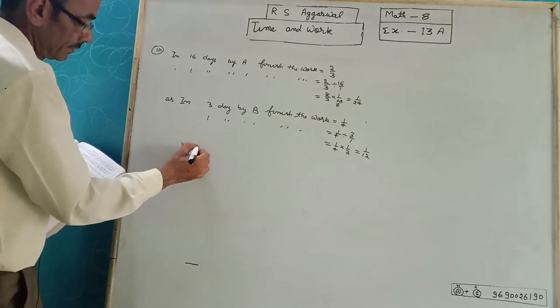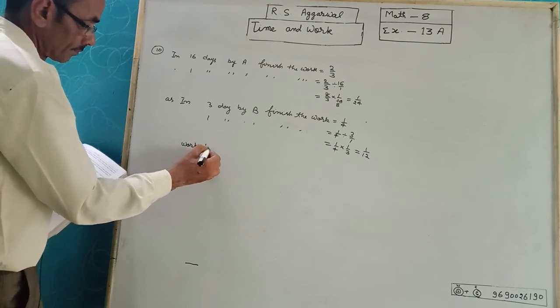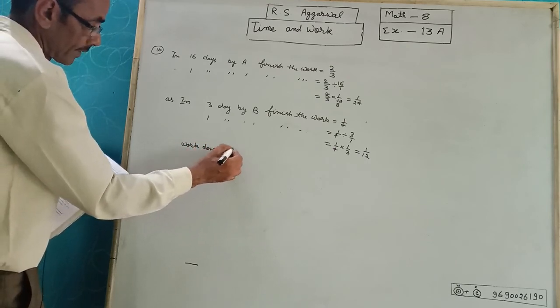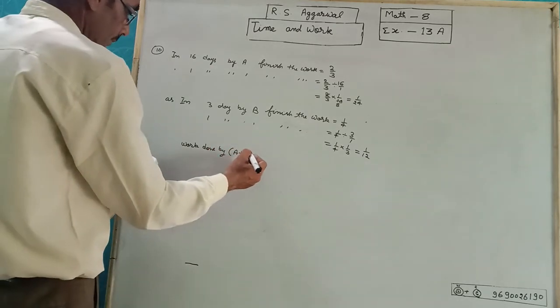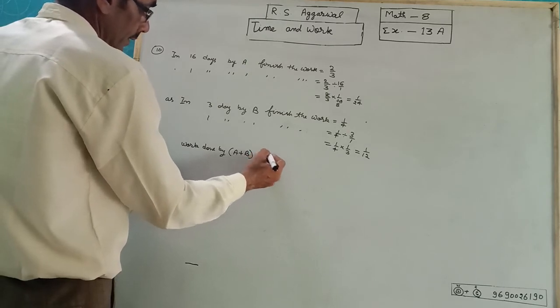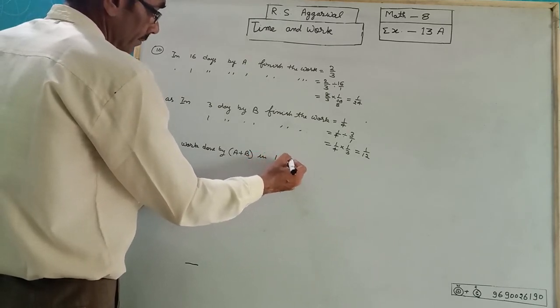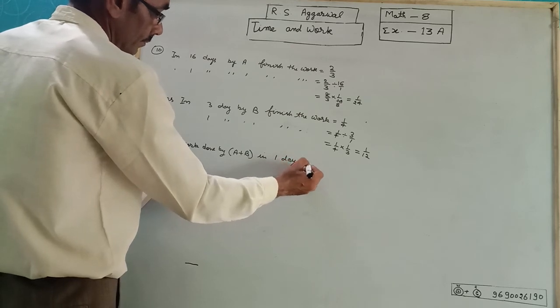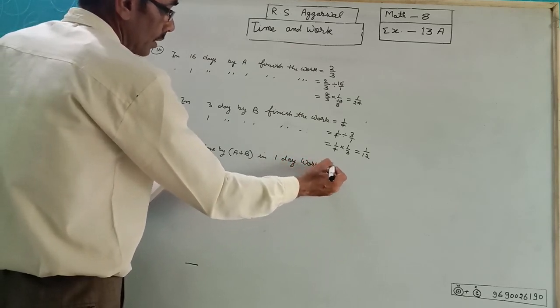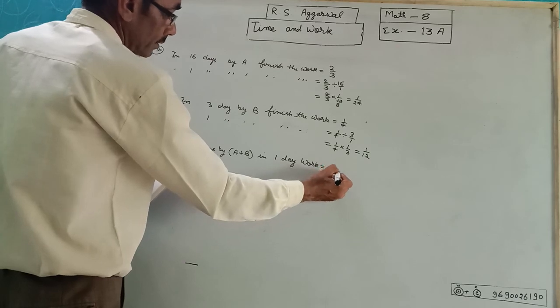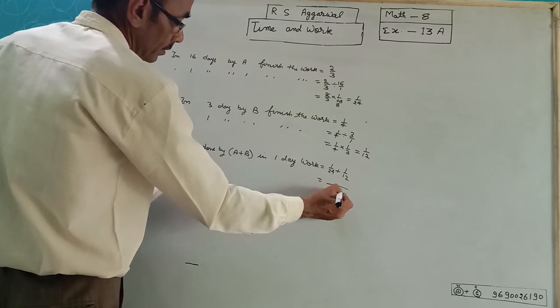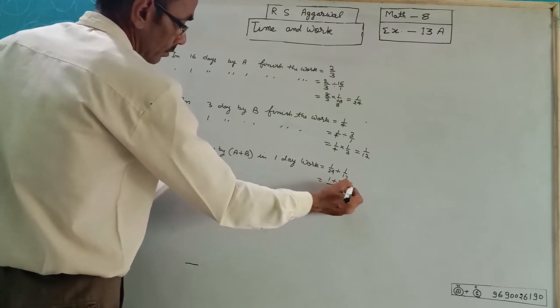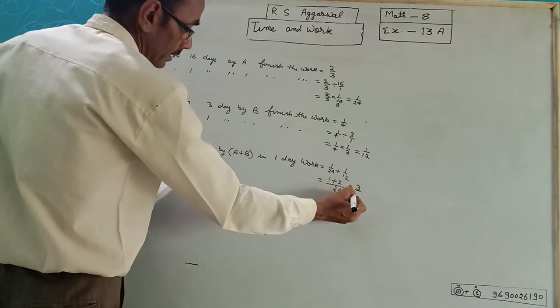Work done by A and B in 1 day: 1/24 plus 1/12. Take the LCM, 24. 1 plus 2 is 3 upon 24, which is 1/8.